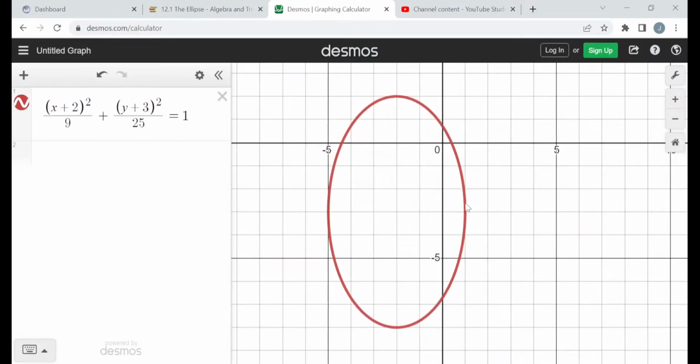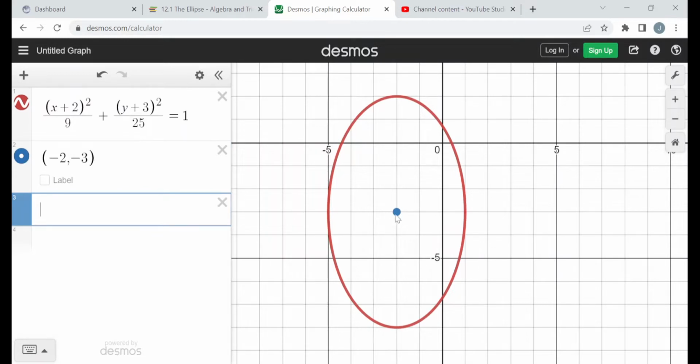And if you click on this, you can see the tops of hills and bottoms of valleys are shown. That would be the vertices. See negative 2, 2, negative 2, negative 8. Those were the vertices that were given to us. You can very clearly see that the center is at negative 2, negative 3. And I'll plot that point.